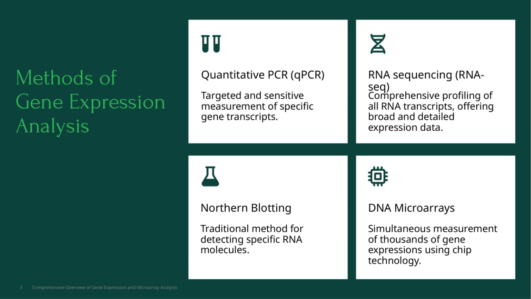Then we have northern blotting, a traditional method that detects specific RNA molecules, useful for verifying expression, but less commonly used now due to more advanced technologies. Finally, DNA microarrays enable the simultaneous measurement of thousands of genes by using chip technology, making it possible to study large-scale gene expression changes efficiently. Each method has its strengths depending on the research question and the level of detail required.